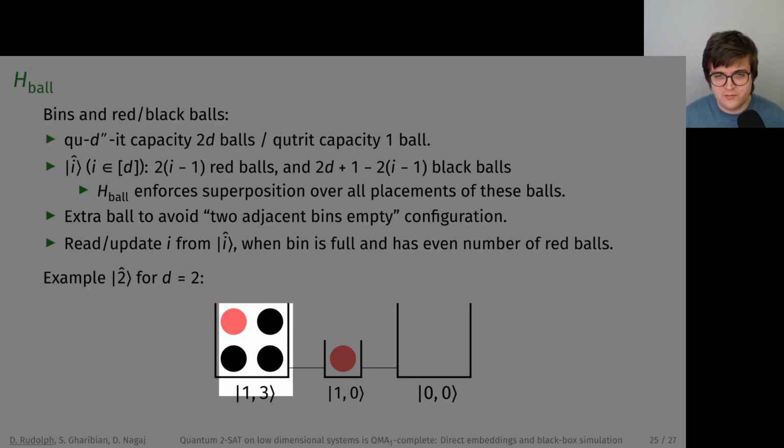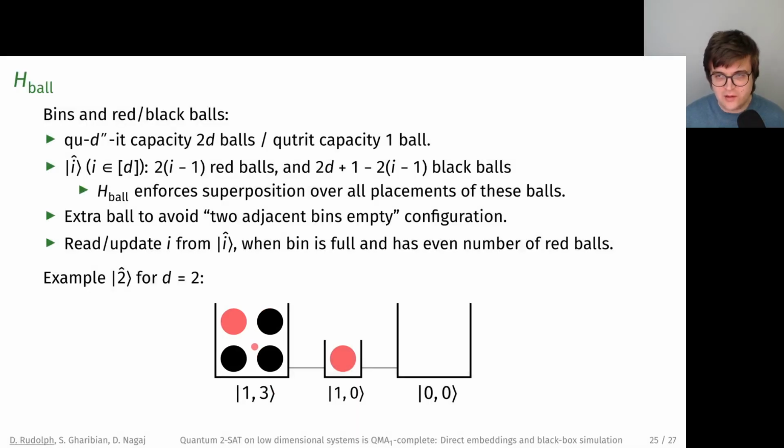So we wouldn't act on this configuration. This is sort of only a transitionary configuration. And so the example for the 2-head on a qubit would look like this. So we have this state, and then these balls can just move around. And the logical state is a superposition of all these configurations.